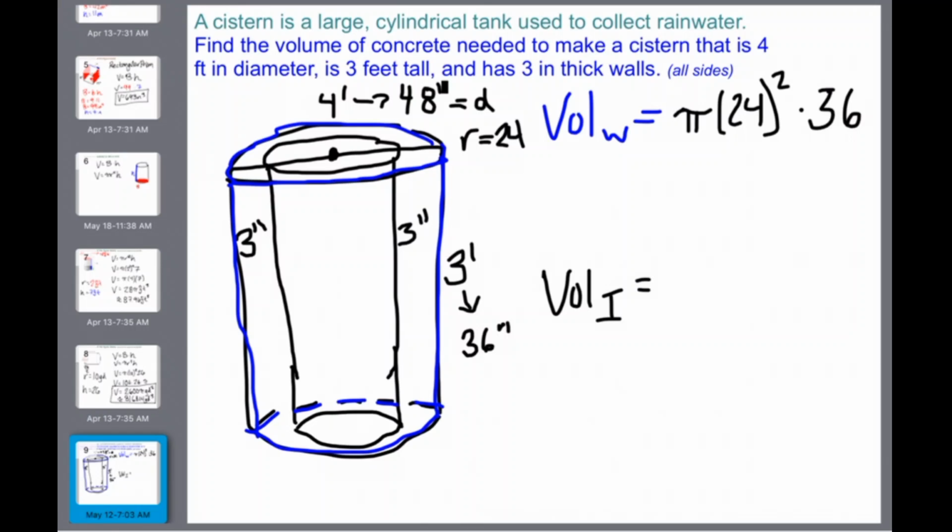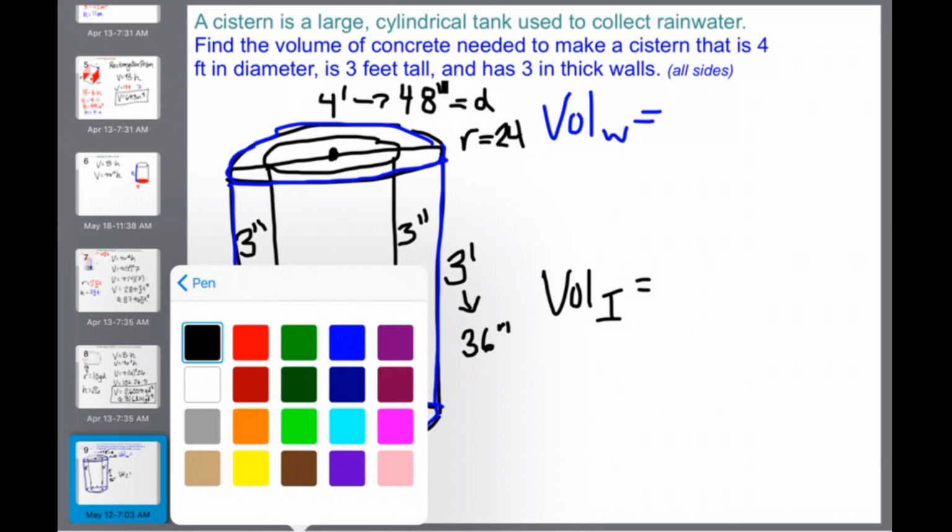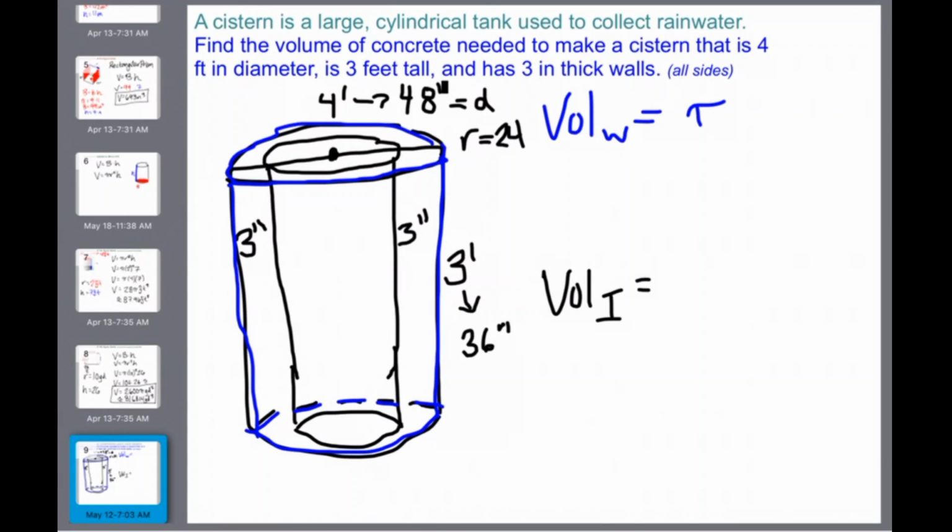All right, so if we multiply that all out, 24 squared, and then that times 36, that's going to give us, oh, I should have done that in blue. Hold on, we're going to rewrite that in blue, just so we know which container we're talking about. So we have pi r squared times 36 inches for our height, and that is going to give us 20,736 pi.